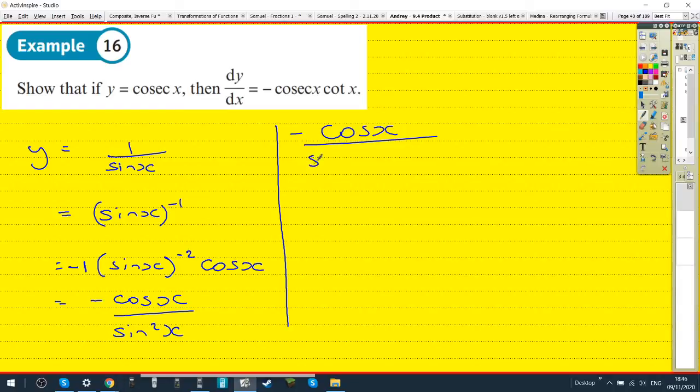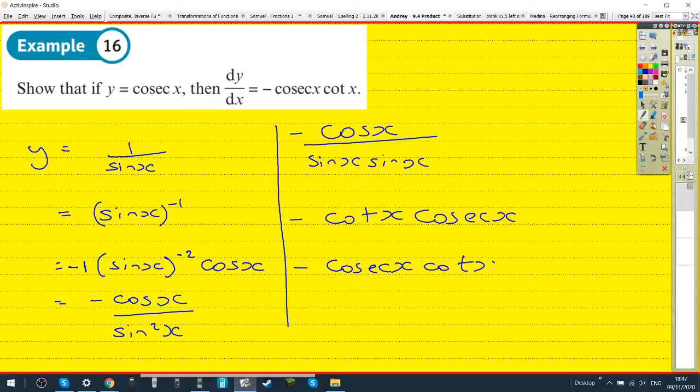And that's over sine x sine x. So that will become minus cotan x times cosec x. Yeah, and that's what they were looking for. Okay. Cotan x cosec x, great.